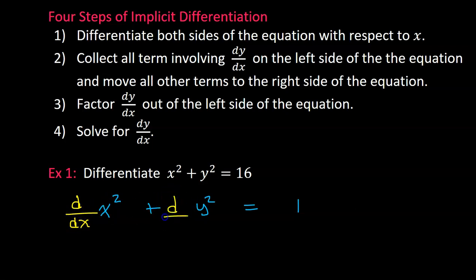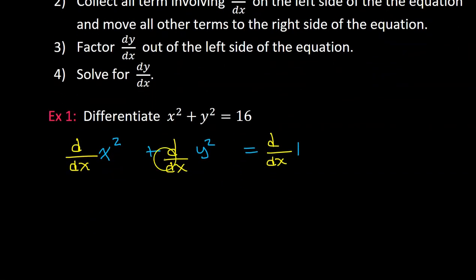And then I'm going to do d dx here. And then, of course, on the right-hand side, I'm going to do my d dx as well. So that's the first step. So let's go ahead and follow through on that. The derivative of x squared is just going to be 2x.